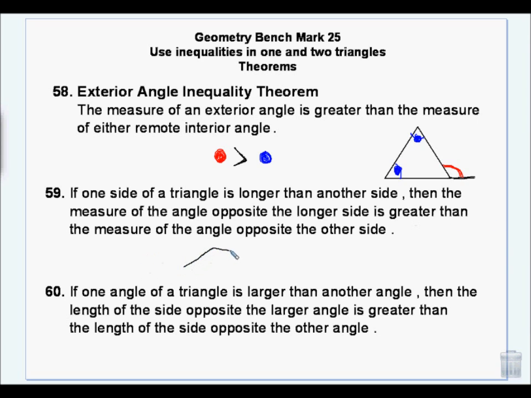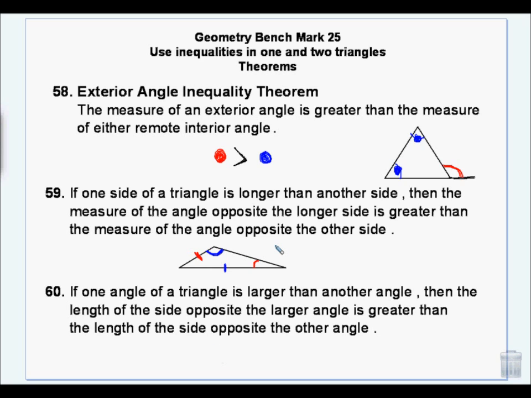Okay, well, what that's telling us is if we have this short side right here is opposite this angle here, and this long side here is opposite that angle there, right? This side opposite that angle. Well, this angle that makes the long side is going to be bigger than this angle that makes the short side.